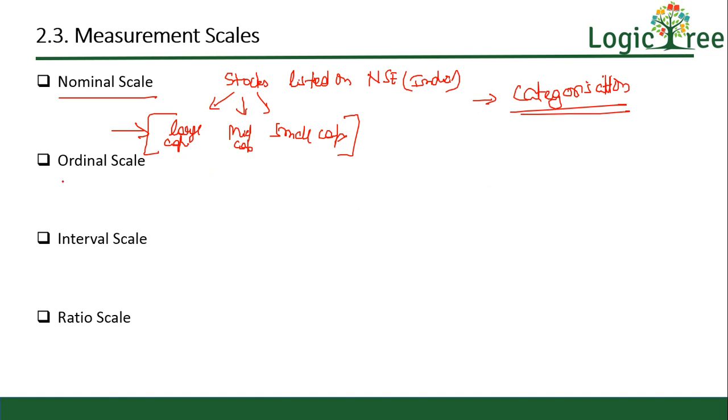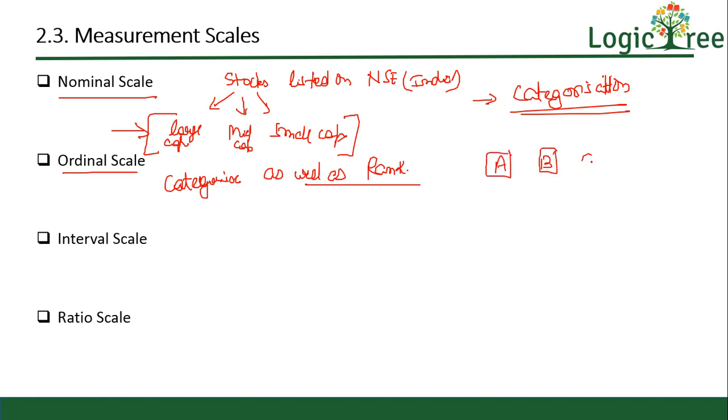Now, next comes the ordinal scale. So in ordinal scale, I can categorize as well as rank them. A very common example is, let's say there are 3 people, A, B and C. They started the race and A completed the race in, let's say, 50 seconds, while B completed the race in 52 seconds.